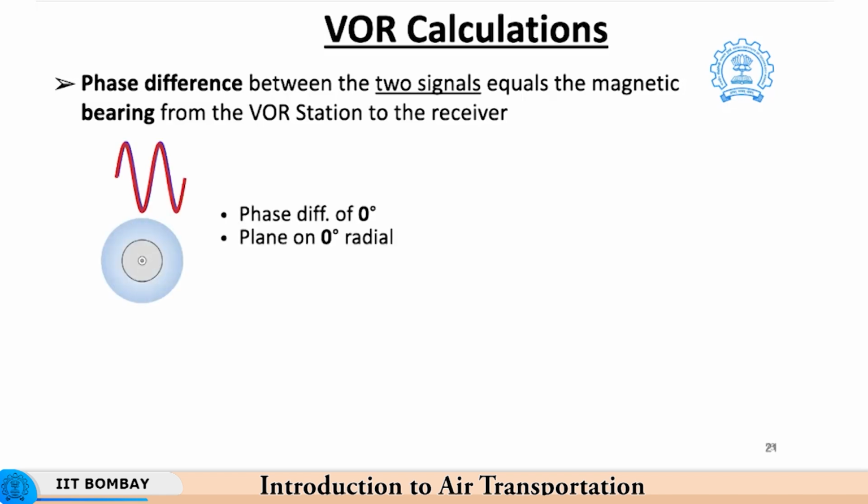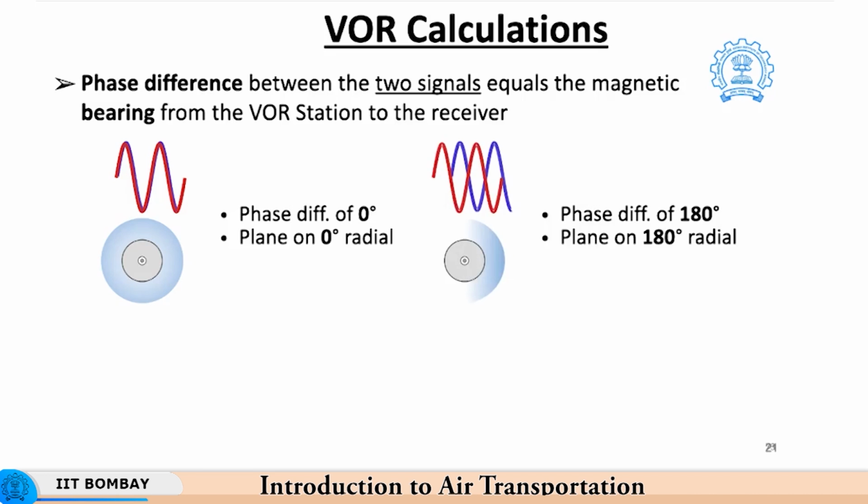Let's understand this with a sequence of examples. For instance, in this particular figure, the reference signal and the variable signal are at a 0-degree phase, and hence the plane lies at a 0-degree radial with respect to the VOR station.